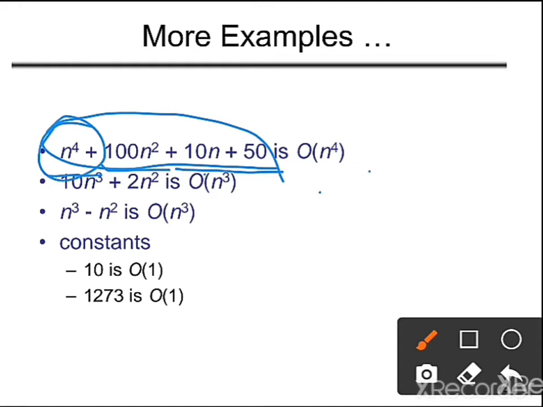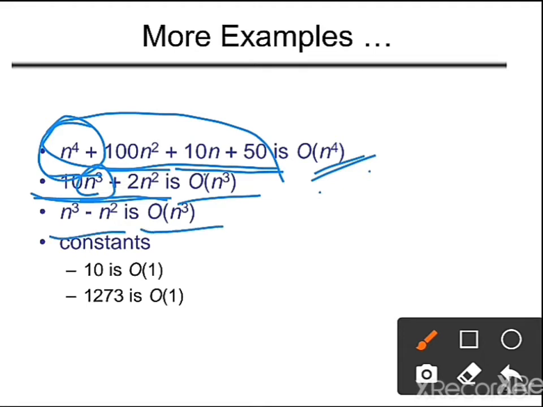That is, we take the function with the highest degree, so we can just look and write it. Here 10n cube plus 2n square, which one is the highest degree n term? That is n cube. So this function is in the order of n cube, or growing at the rate of n cube. Here n cube minus n square is order of n cube.